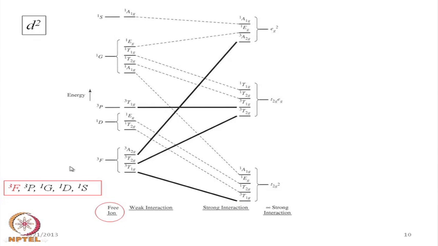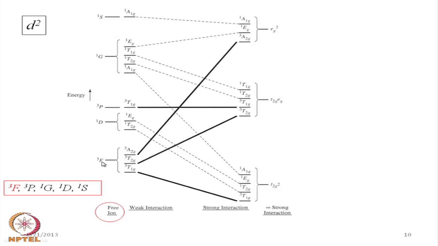So, for d2 electronic configurations, we have found that we have 3F, 3P, 1D, 1G and 1S electronic states. Interestingly, in terms of the energy values of these free ion terms, this 3P term, though it is a triplet state, has higher energy compared to its 1D term.